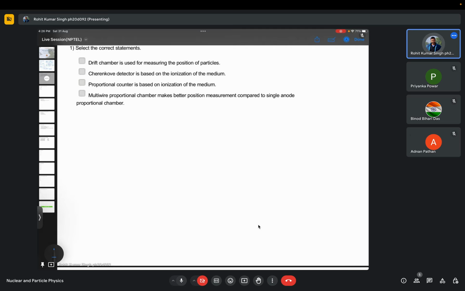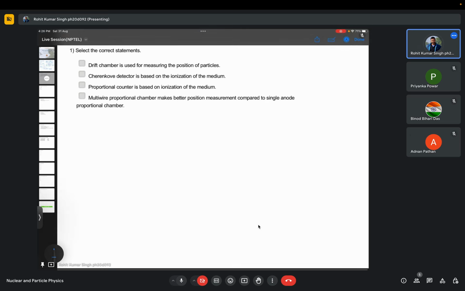So, first problem. You have to select the correct statements out of these. This is based on the particle detectors. First option is that a drift chamber is used for measuring the position of particles. Let me read all the options, then I will ask which one you see correct.